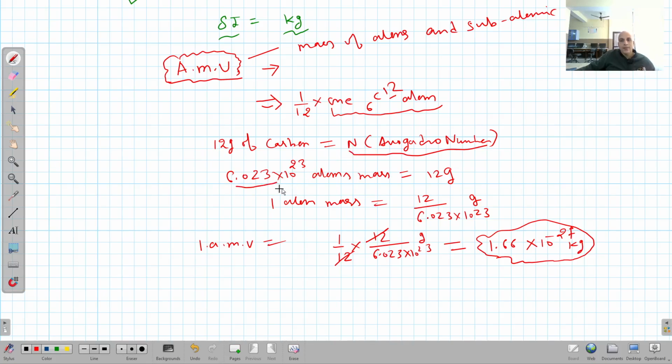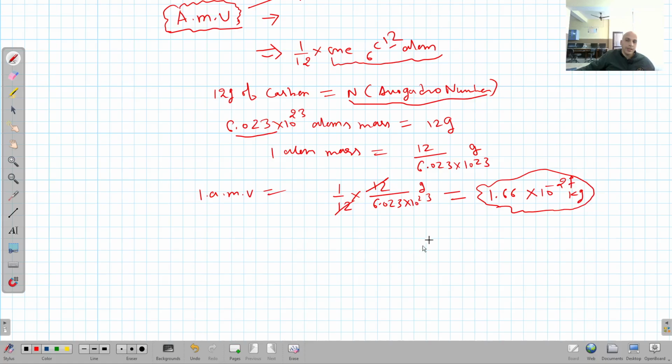So this many atoms have mass equal to 12 gram. One atom will have this mass, then 1/12 is equal to this, and then we got this. So 1 AMU is equal to 1.66 into 10 raised to power minus 27 kilogram.